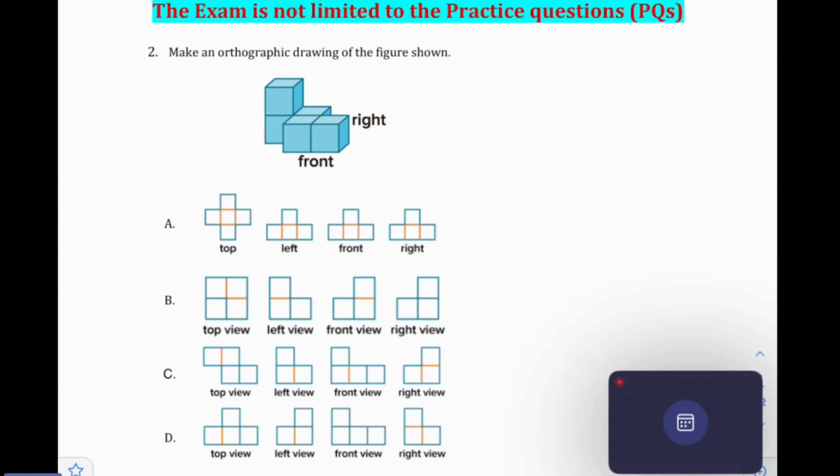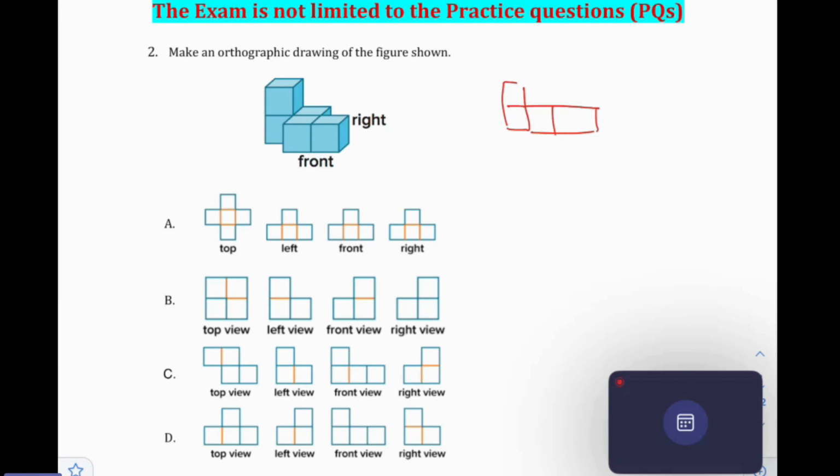Just have a look. Take a minute. What do you observe? Looking at the front is the easiest way to check. If you look at the front side, you can visualize that the blocks look like that: two blocks here, pushed a little bit inside, and two blocks here.